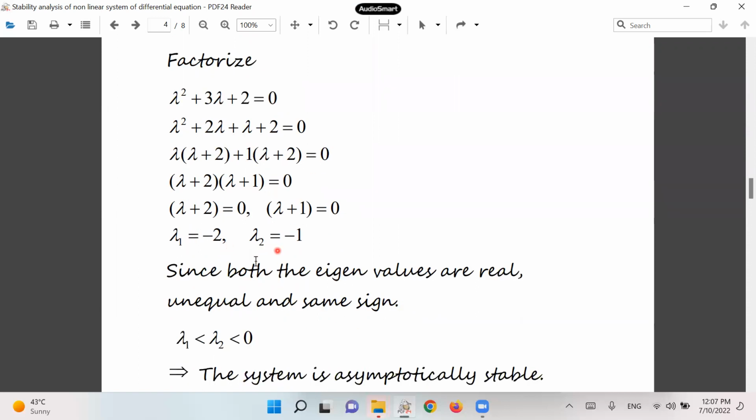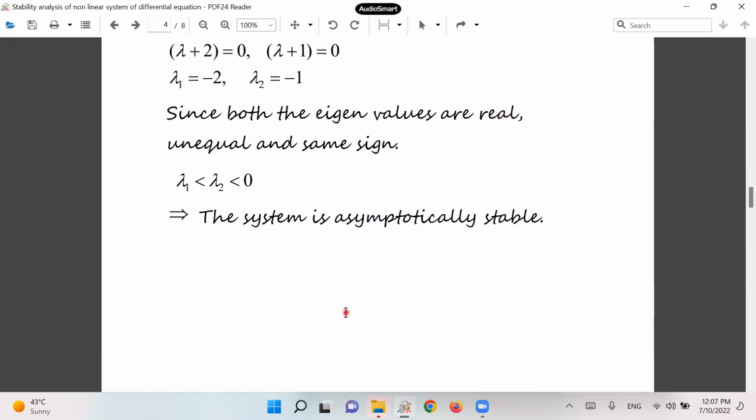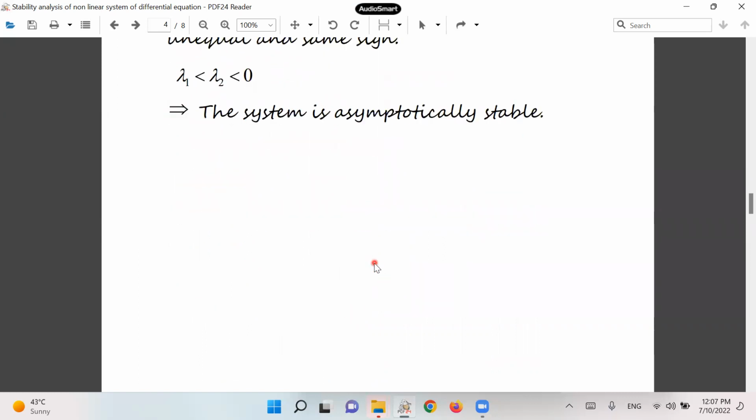These two eigenvalues are real and have the same sign, but they are unequal, and we can see that both are less than 0. If both the values of lambda are less than 0, then the system is said to be asymptotically stable. How to say that it is asymptotically stable?